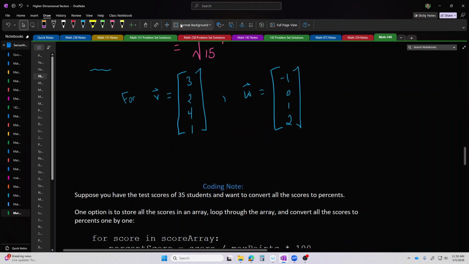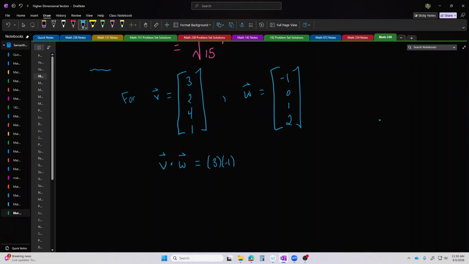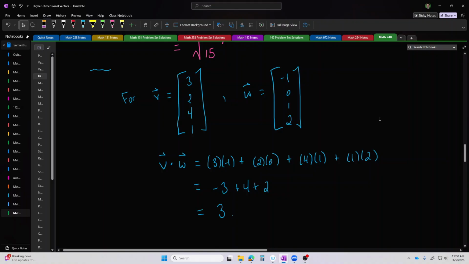If I want to find the dot product between these vectors, v dot w, all I have to do is multiply together the first entries, multiply together the second entries, multiply the third entries, multiply the fourth entries, and then add all of the results together. So again, it's exactly what it should be based on what happened in 2 dimensions and based on what happened in 3 dimensions.